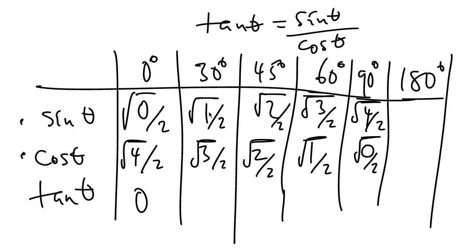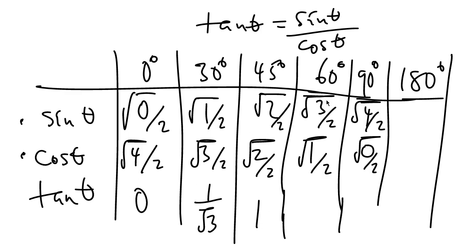In this case, you have square root of 1 over 2, which is 1 over 2, and square root of 3 over 2. If you divide it, what are you going to get? 1 over root 3. Then in case of tan 45 degrees, root 2 over 2 divided by root 2 over 2 is going to leave us with 1. Tan 45 is 1, right?